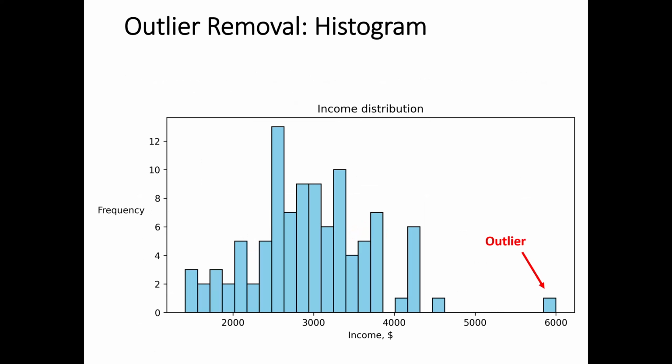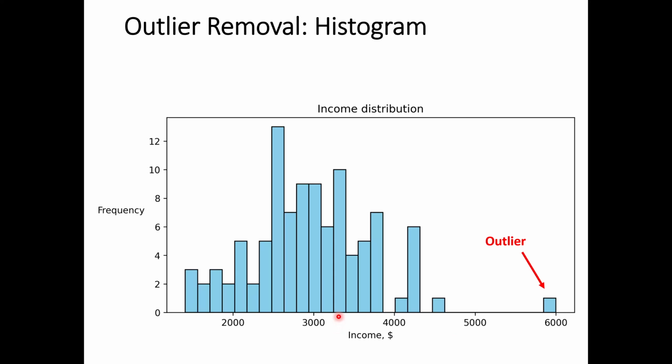During analysis, it's always helpful to visualize the data distribution, including for detecting outliers. The figure shows a histogram of income distribution. The income scale is divided into several dozen intervals. Each bar represents the number of people whose income falls within that interval.